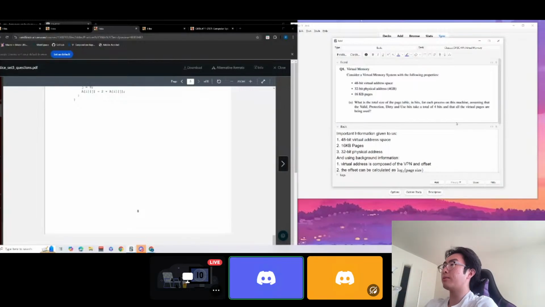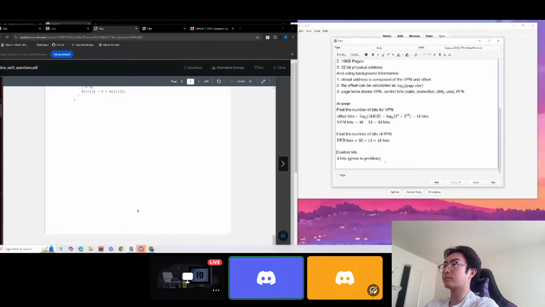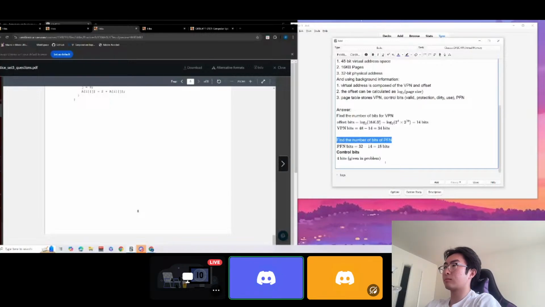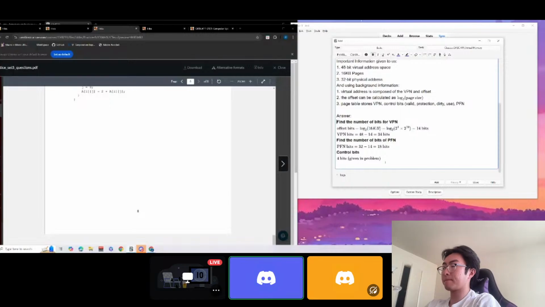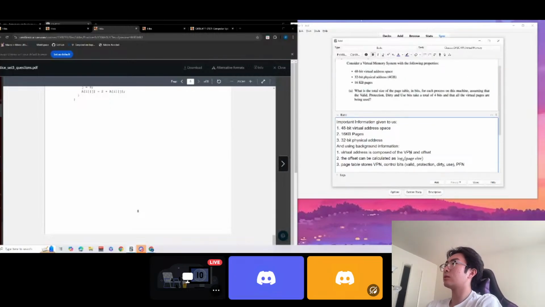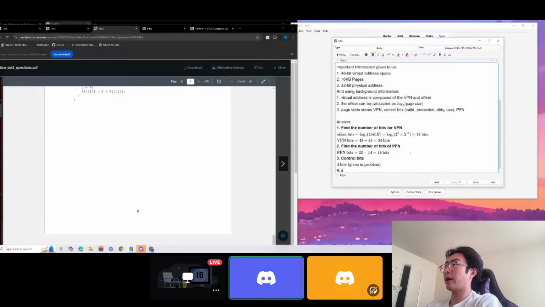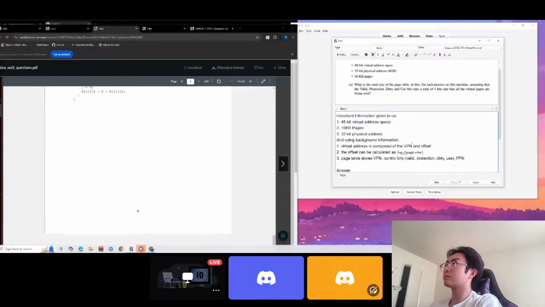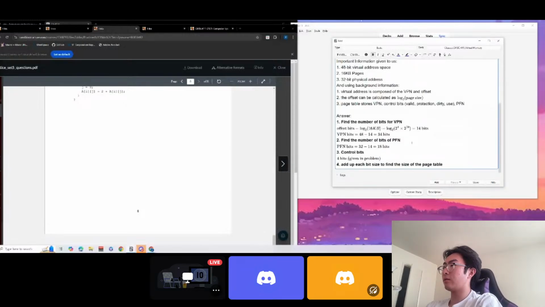Okay, so I think we could probably just add everything up to find the size of the page table for each process.